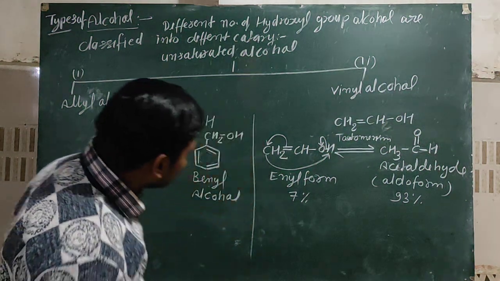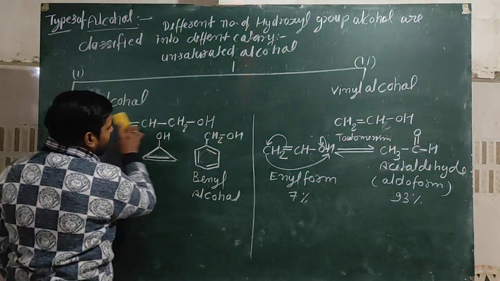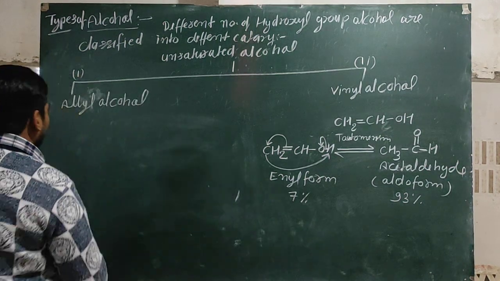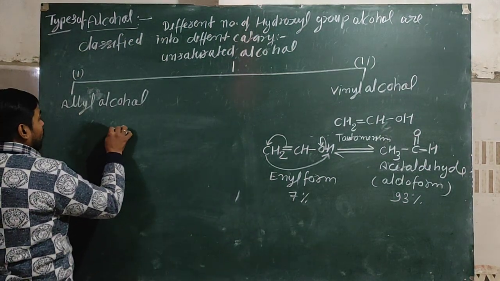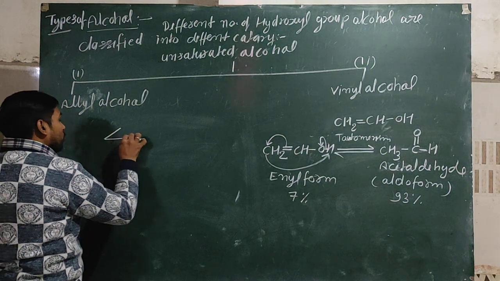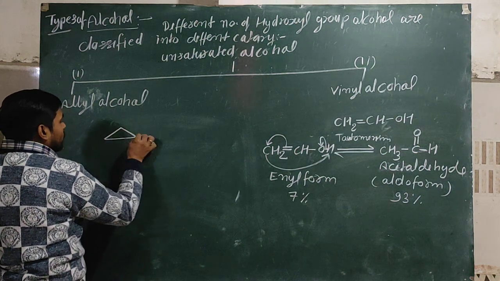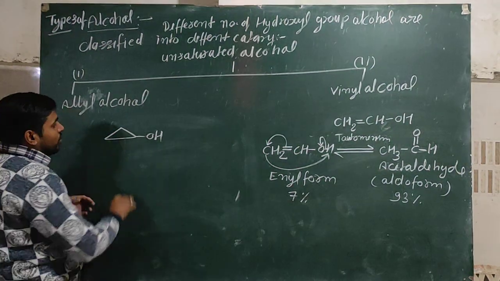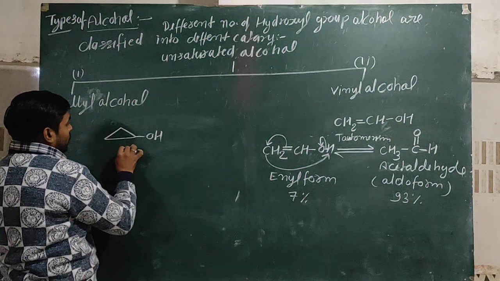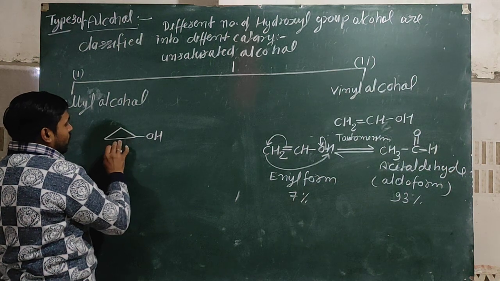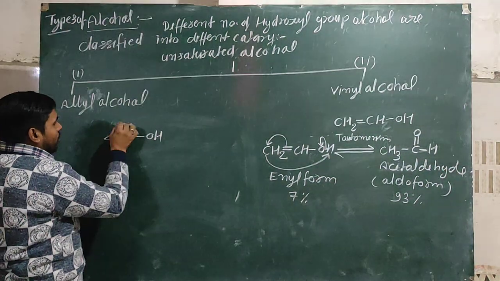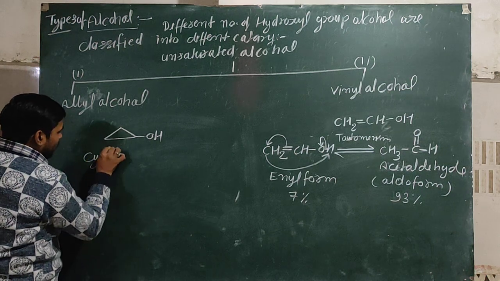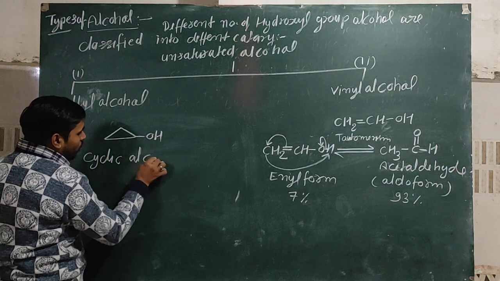Except this, other types of alcohol are also possible, in which the alcoholic group is directly bonded with a cyclic hydrocarbon, then it is known as cyclopropyl alcohol or cyclic alcohol. These are examples of cyclic alcohol.